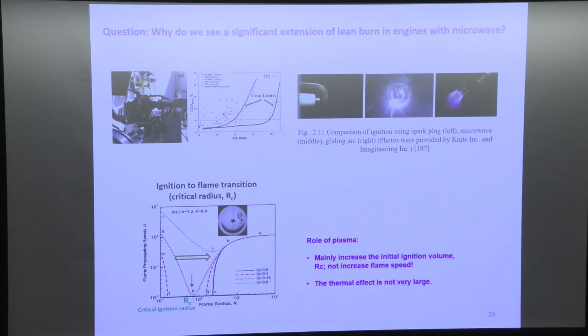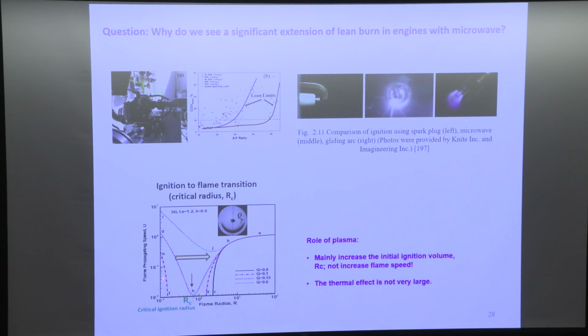To answer that, there was a paper where my student Chen published a theoretical analysis about how an ignition kernel becomes a flame. So imagine this is the flame speed, normalized by the adiabatic flame speed. This is the radius of the flame kernel.